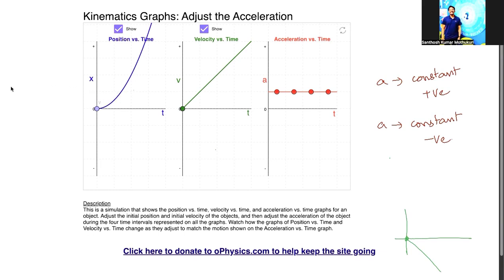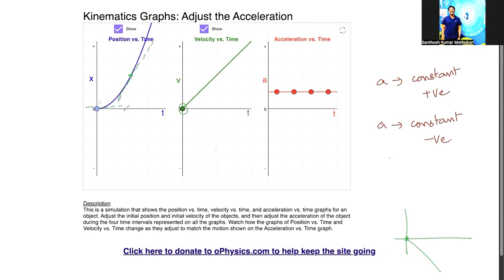Now imagine I'm asked to draw velocity versus time graph and position versus time graph is given. All I need to do is check the gradients. Look at this. Initially, the gradient of position versus time graph is 0. The velocity is 0. Now I'm selecting some point somewhere here and draw the gradient.